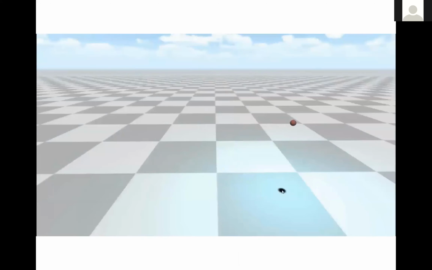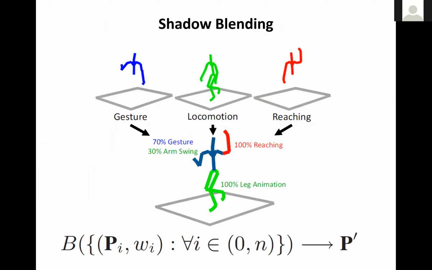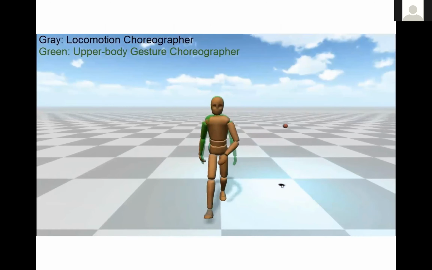By blending them together, you can produce a complex animated system, where we may have gaze tracking controlling the upper body, reaching controlling the right arm, physics controlling a part of the body which responds to physical forces, sitting, locomotion, different gestures. All of these systems get blended together to produce the final pose. So it's a complex blending system that can be used to control an animated virtual human.